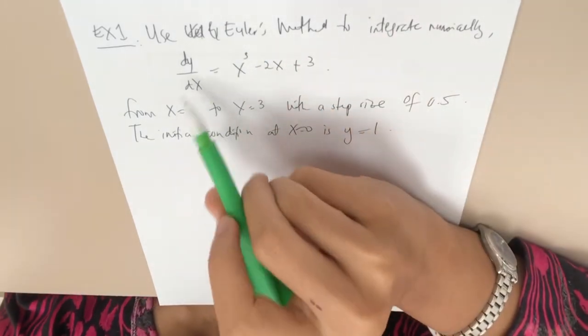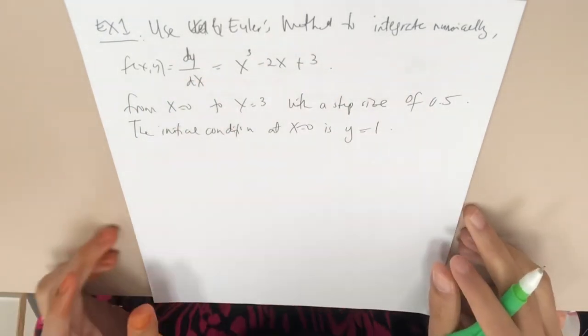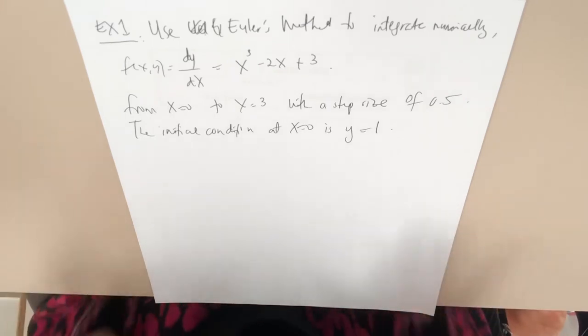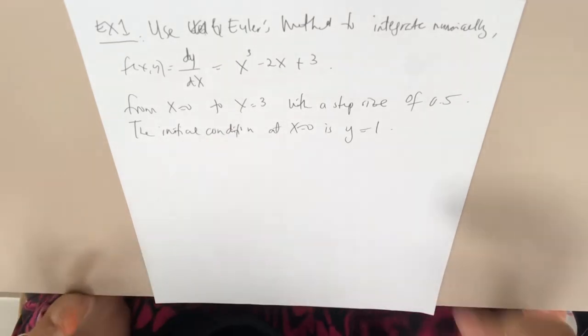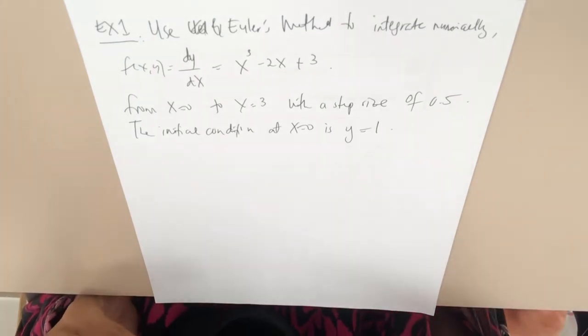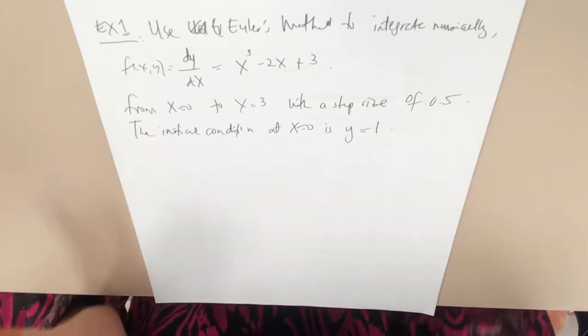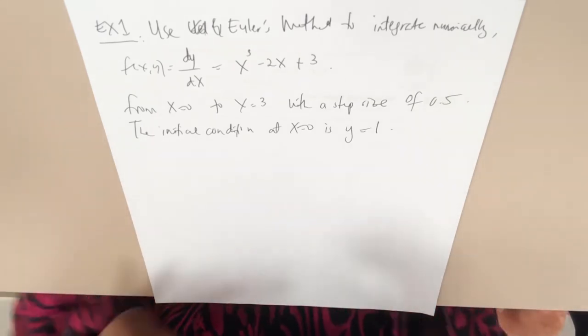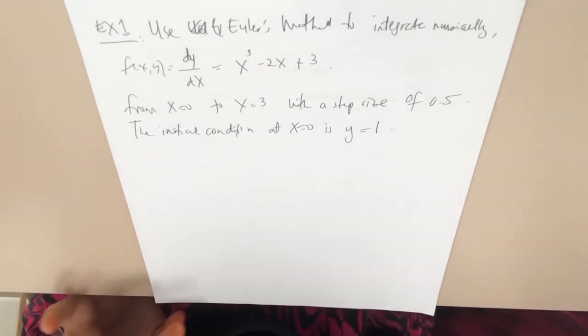Remember I said just now that dy/dx is also equivalent to f(x, y). So now, how to solve it? How to start? I suggest you use a table. It is okay if you don't want to use a table, but it is more proper and neat, and it avoids careless mistakes.